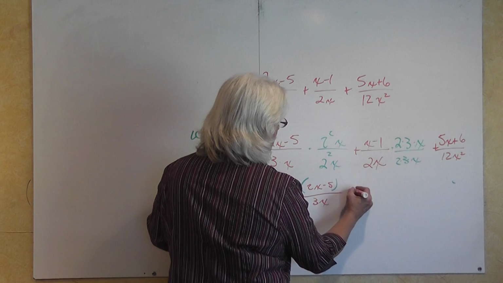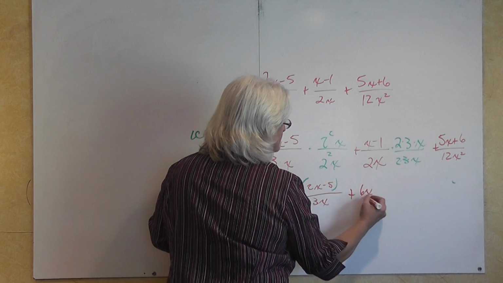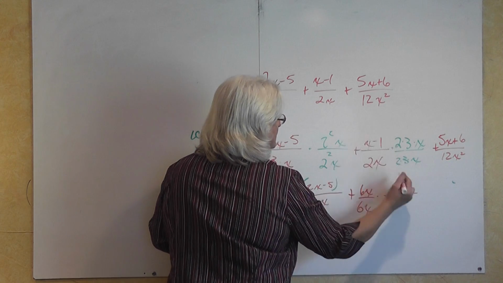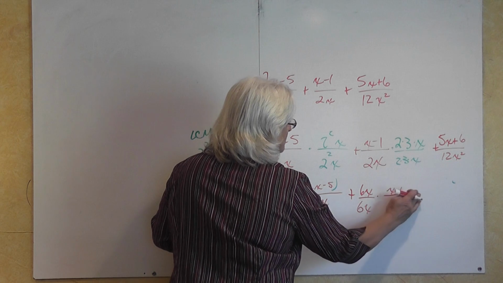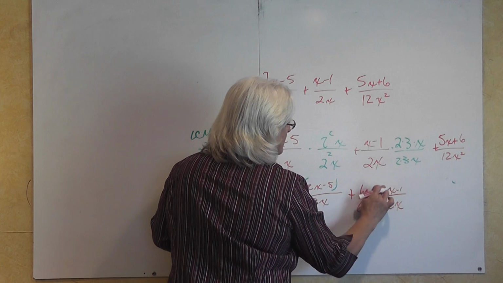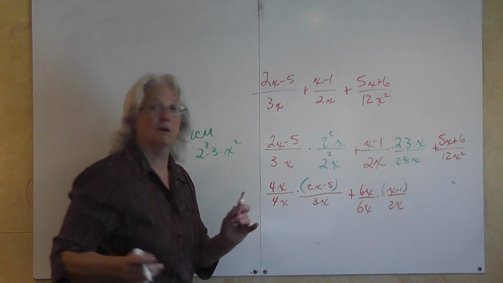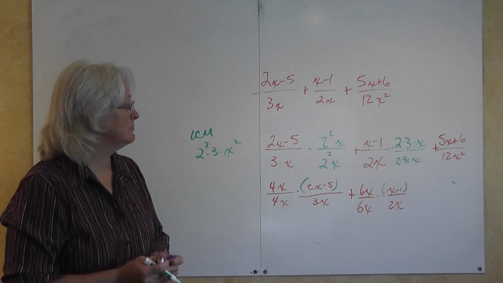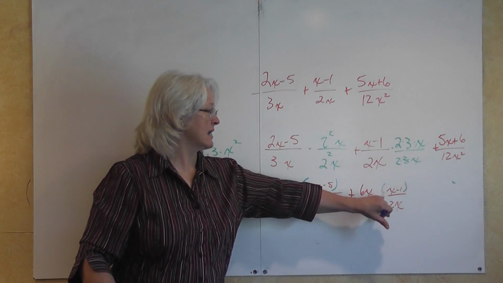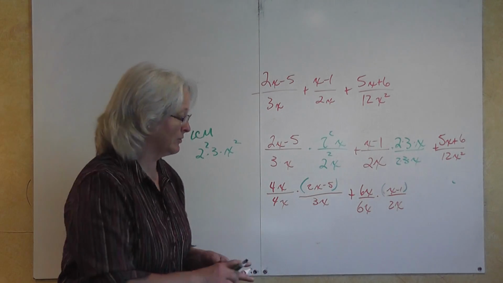We have 2 times 3 is 6 times x, so you have 6x over 6x times x minus 1 over 2x. And once again, I'm going to enclose the x minus 1 in parentheses. The reason I'm doing that is because we're multiplying that entire binomial. We're multiplying x minus 1 times 6x. And then we have our final third term over here.